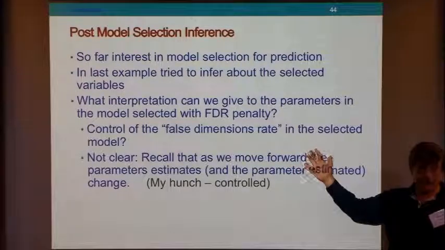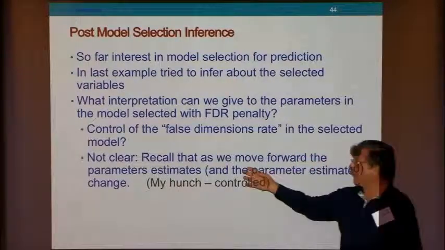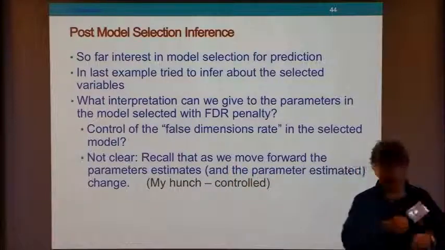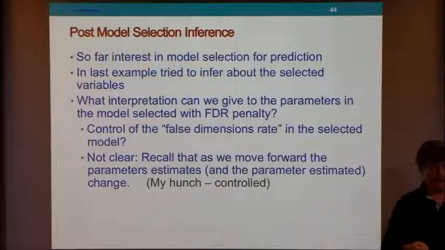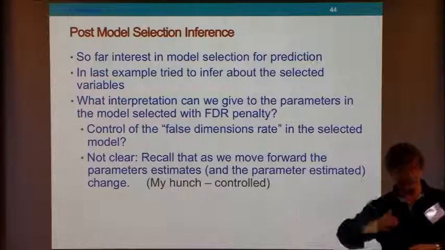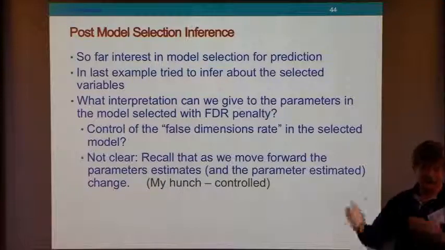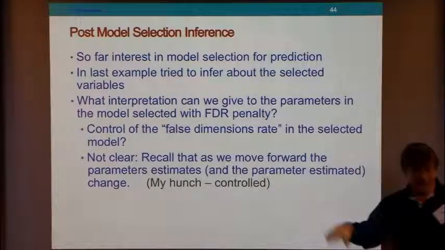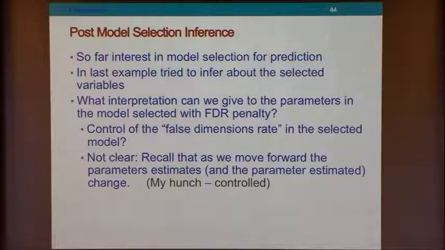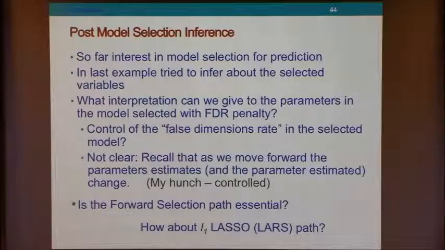Our current theory doesn't help us with that, because remember, as we move on, the parameters change, the estimator changes, the p-value changes. Something that was a big p-value before, once a new variable enters, the p-value may deteriorate or may get better. My hunch is that it is indeed controlled, maybe with some small adjustment, but I don't know.